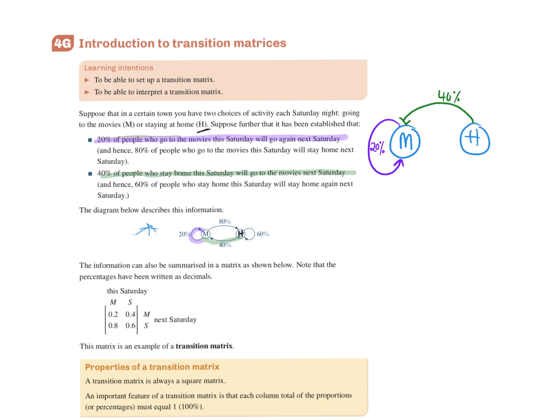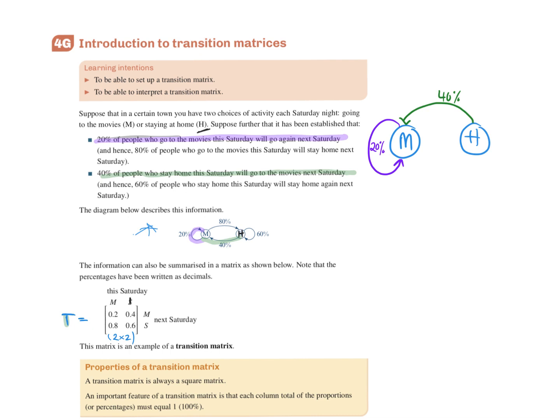So we can change these diagrams into a transition matrix. Down here is an example of a transition matrix. What type of shape is this transition matrix? It's a square, and it's a 2 by 2. It's a 2 by 2 because we've got two things happening, like movies.